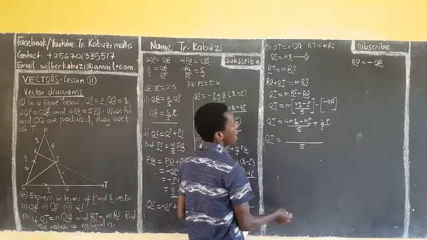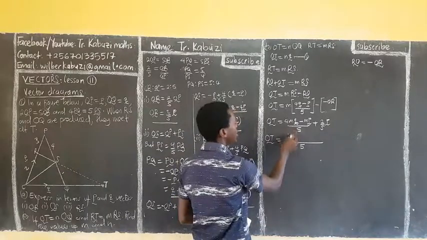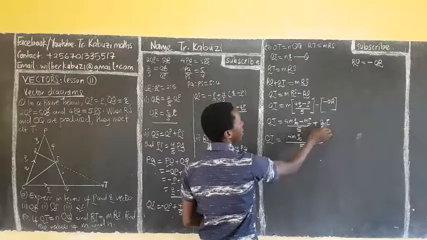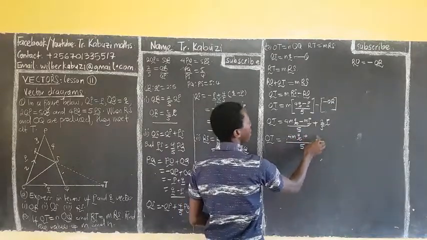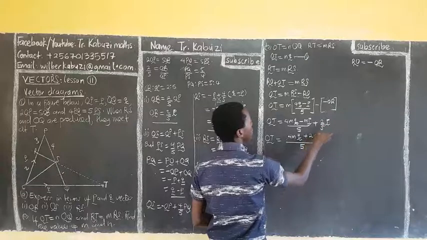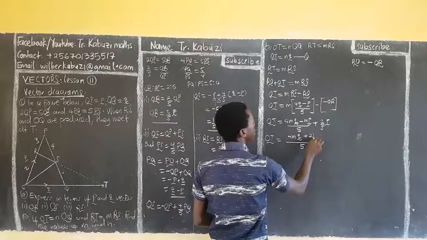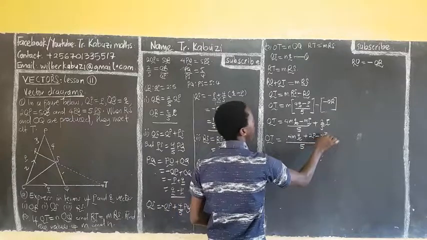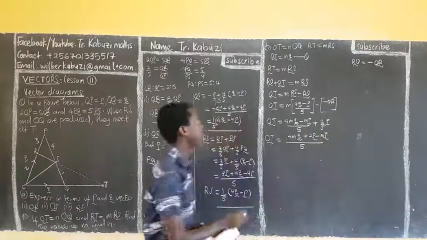Okay, now let me combine. This is going to remain as 4M vector Q. Now this one is going to combine, so we shall have 2P, then minus MP. Let me not skip any step.